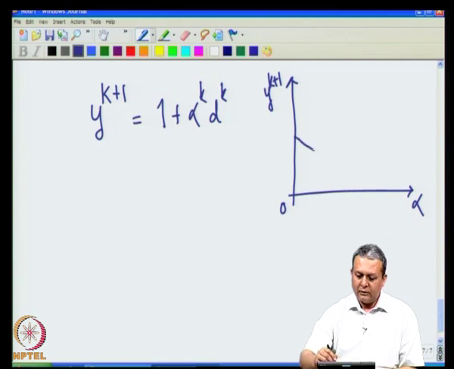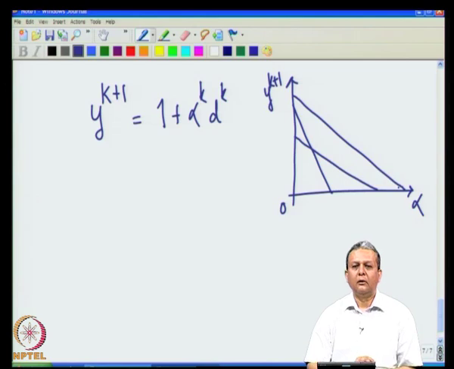Some components could vary like this, some component could vary like this, and some component could vary like this. So, you will see that at this point a particular component of y becomes 0, and then it will go to a negative quantity as alpha is increased further.